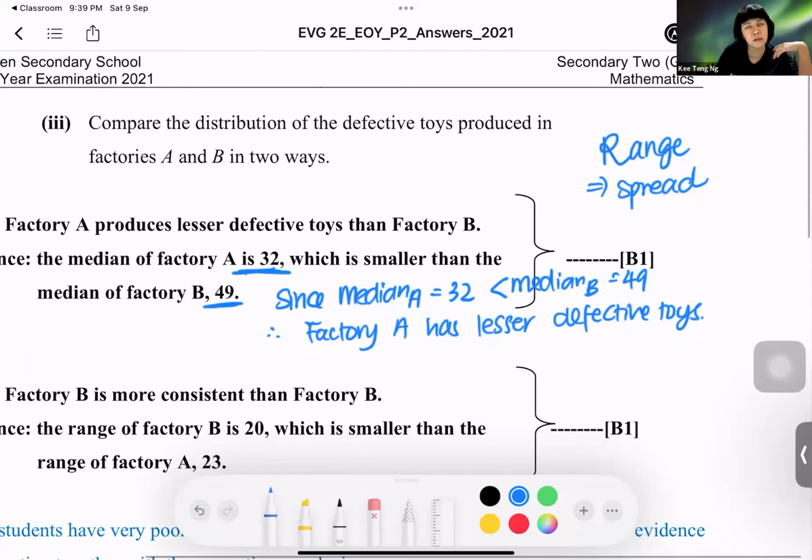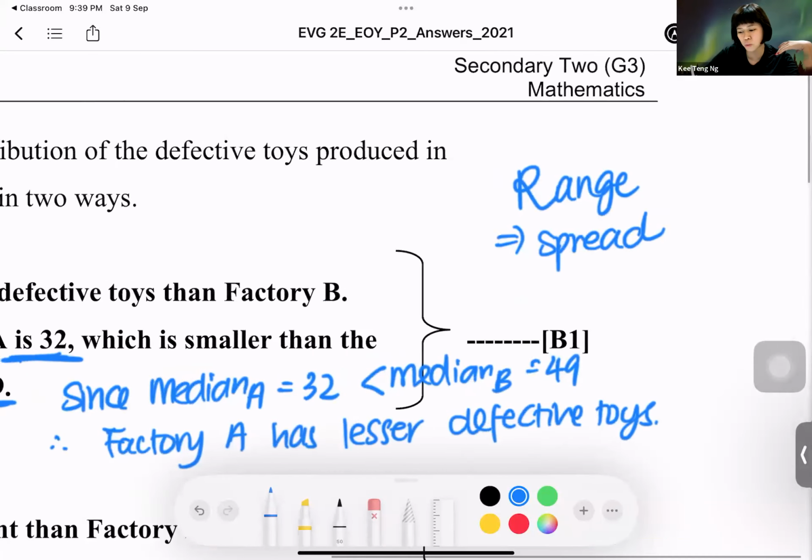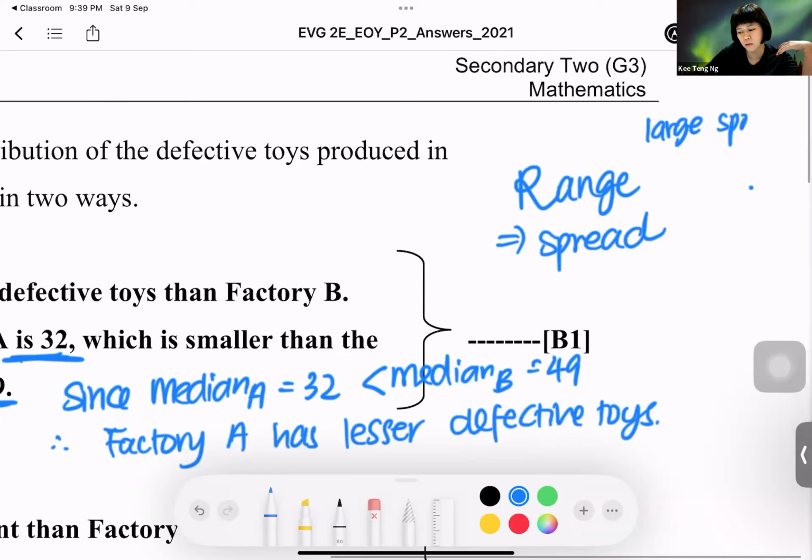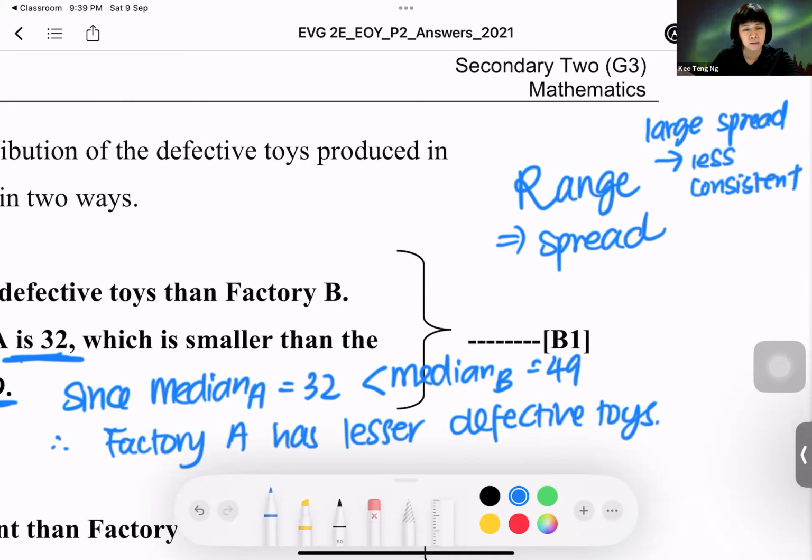If I have a large spread, meaning that the data are very different, it is less consistent. Larger spread, then the data vary a lot, so it's less consistent. But if I have a smaller spread, then it will be better consistency.